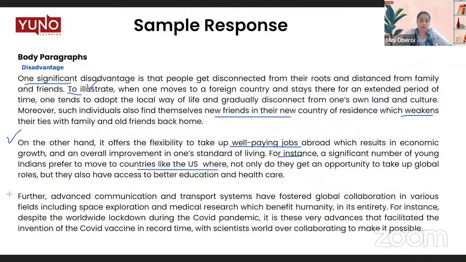Now comes our opinion, which is again supporting the advantage. So this one was a paragraph on advantage. Here comes another paragraph on advantage, which is actually our opinion again, right?